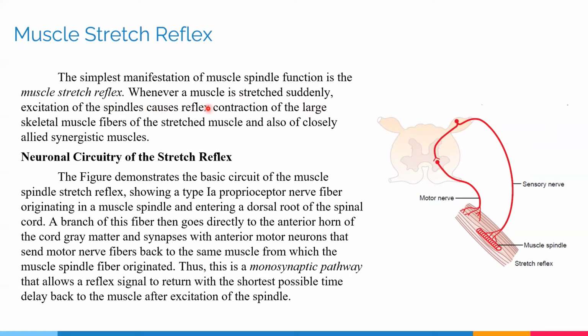Whenever a muscle is stretched suddenly, excitation of the spindles causes reflex contraction of the large skeletal muscle fibers of the stretched muscle and also of closely allied synergistic muscles.